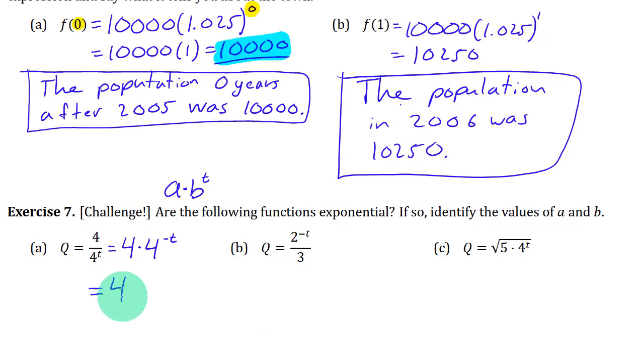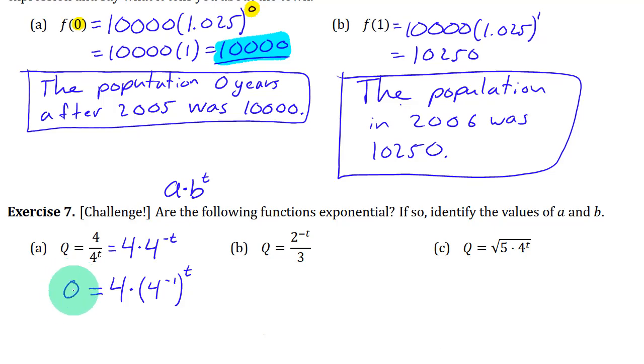So there's a trick: we can write this as 4 times 4 to the negative 1, and that to the power t. Because a power to a power, they get multiplied to become negative t. But right now, you can see that it is exponential if it's written as 4 to the negative 1 to the power t.